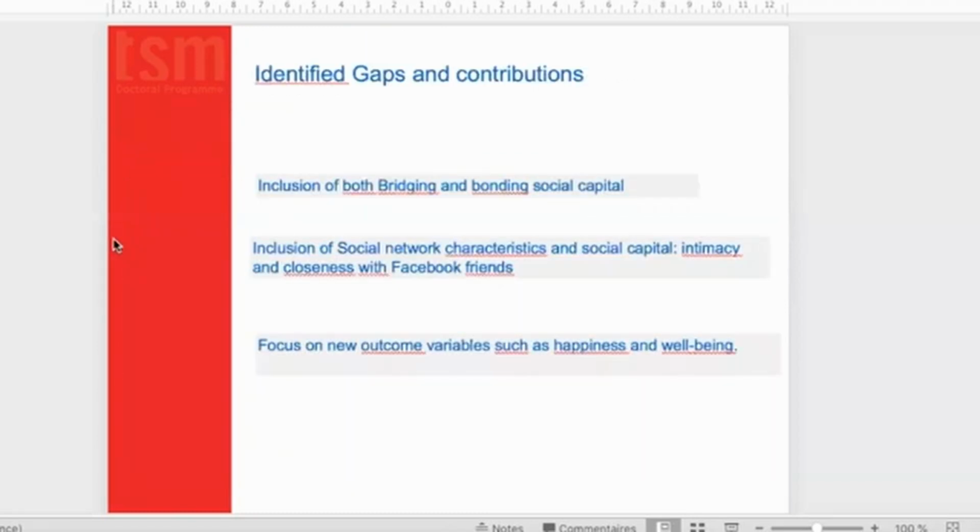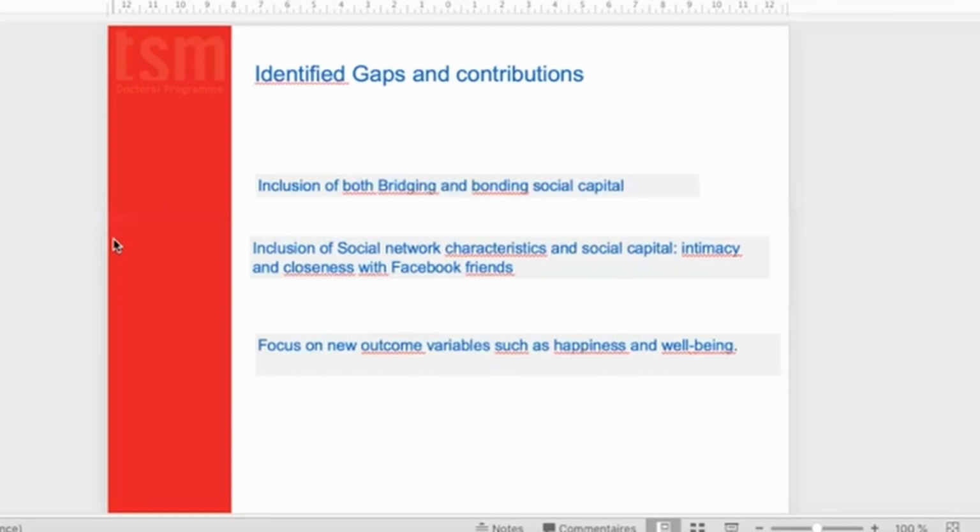From literature, we identified the following gaps and contributions. Most studies studied only bonding capital, but we included bridging and bonding social capital. Most studies included no intimacy, how close friends are on Facebook. So we created an intimacy index and a closeness index between Facebook friends in order to see what finally brings more in terms of happiness: close friends, so our real friends and family members on Facebook, or loose friends, that is people we don't really know.